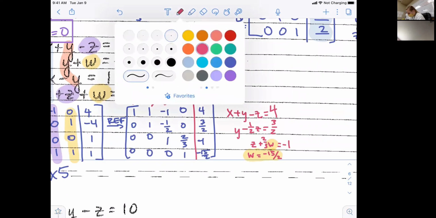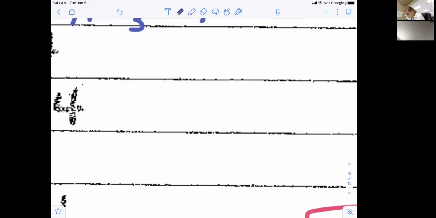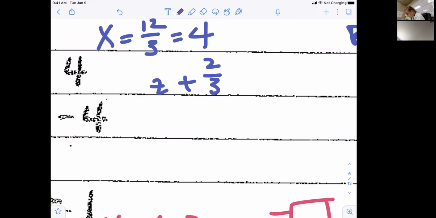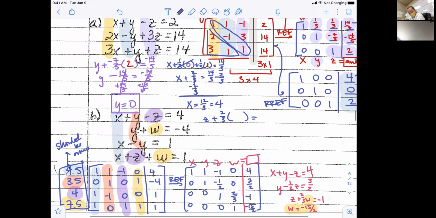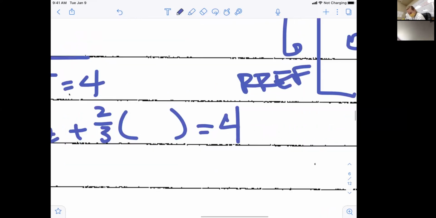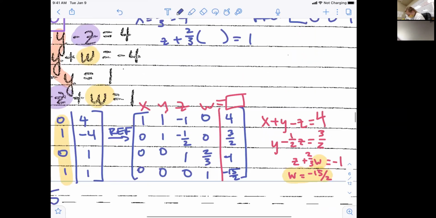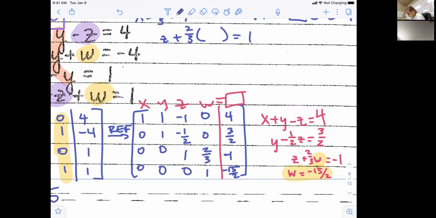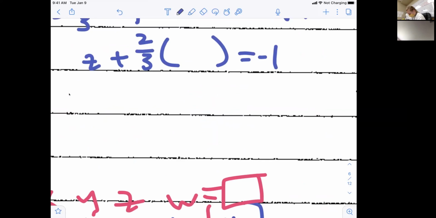I've got z plus 2 over 3 w equals... no, it equals 1. What did I write 4? Equals negative 1. I'm really quick.